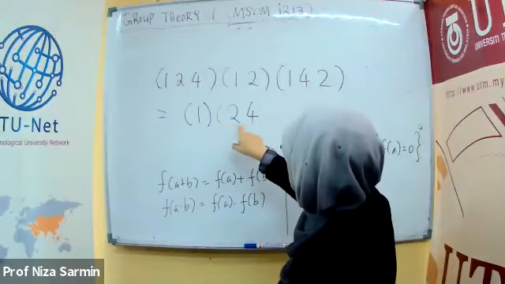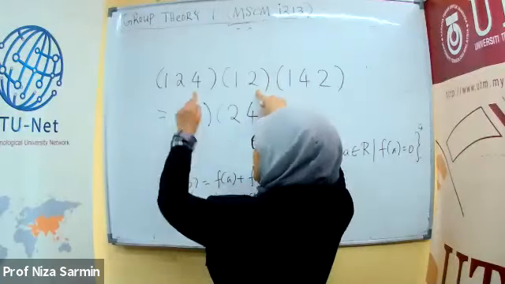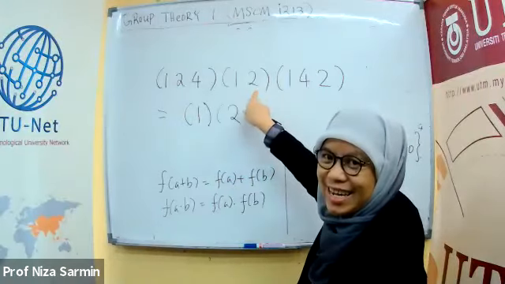Is the cycle not closed? The second one. 2 goes to 4. Not yet, I have not finished. 2 goes to 1, 1 goes to 2. The cycle is not closed here. No, you haven't finished. There's another one that you have to multiply.